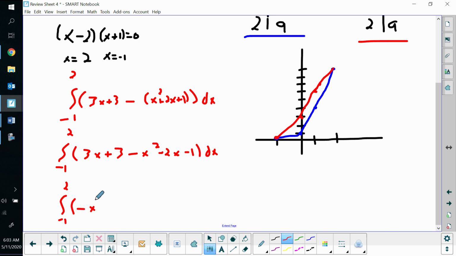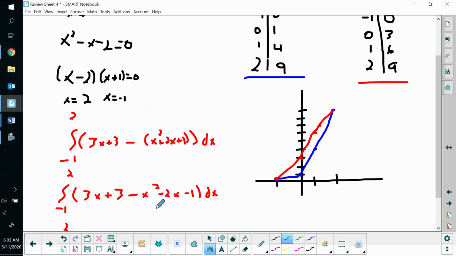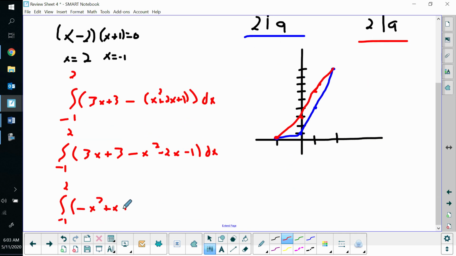So we have minus x squared plus x plus 2. So our antiderivative is negative a third x cubed plus 1/2 x squared plus 2x from -1 to 2.